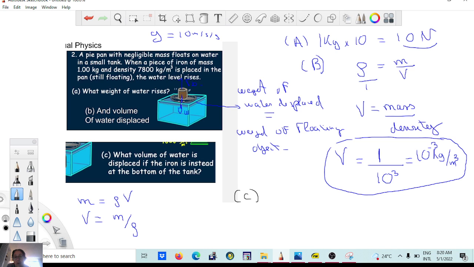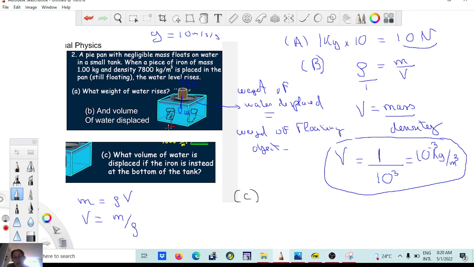So now, again, like before, we totally submerge that piece of iron. Okay, so it's going to displace now its own volume, not its own weight in water, but you can imagine that water has been displaced here. That water displaced will be equal to the volume of that iron piece. But now it's not floating, right? Because the buoyant force is going to be smaller than the weight.